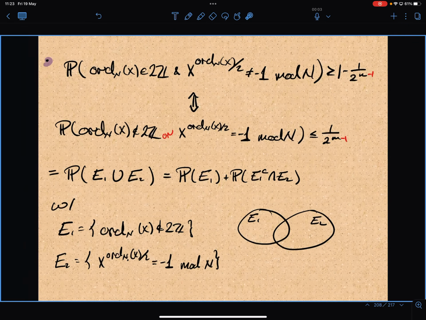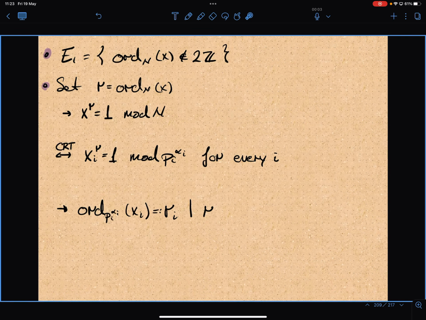So I'm going to start with controlling the probability of this event, and then I'm going to control the probability of this event. The first event that I want to control is that the order of x mod n is not even. So I set r to be the order of x mod n, which means that x to the r is equal to 1 mod n, and r is minimal.